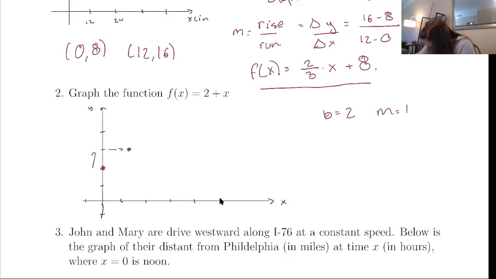Perfect. Next one, I'm going to rise 1, run over 1, and so on. And then I can even go down 1 and back another 1 and get that point. So now I have all these points, and then it's just a fun game of connect the dots.